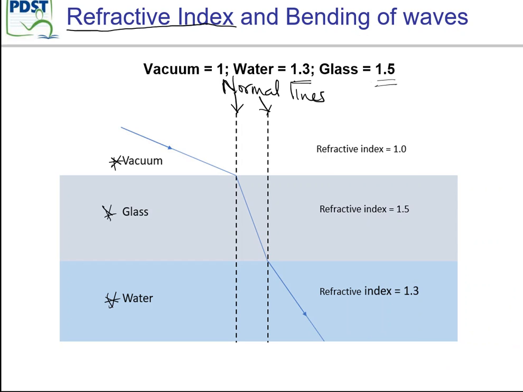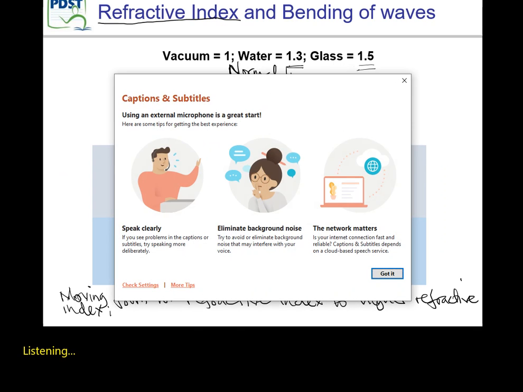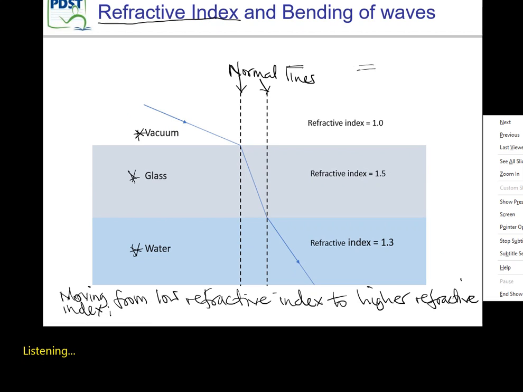Now, important statements. If moving from low refractive index to higher refractive index, what happens?